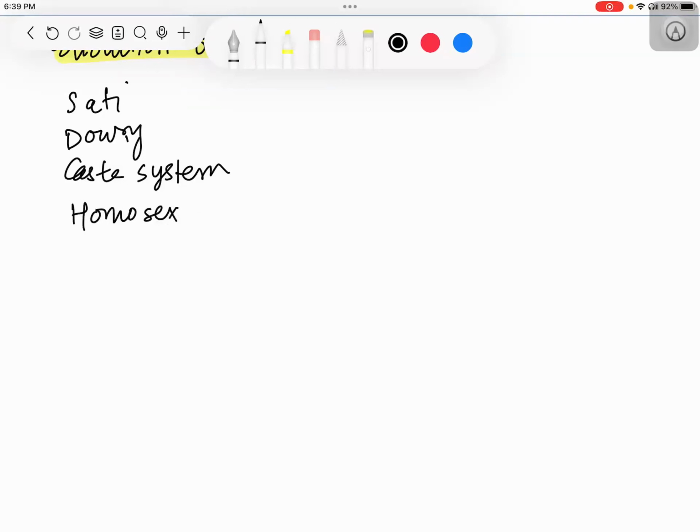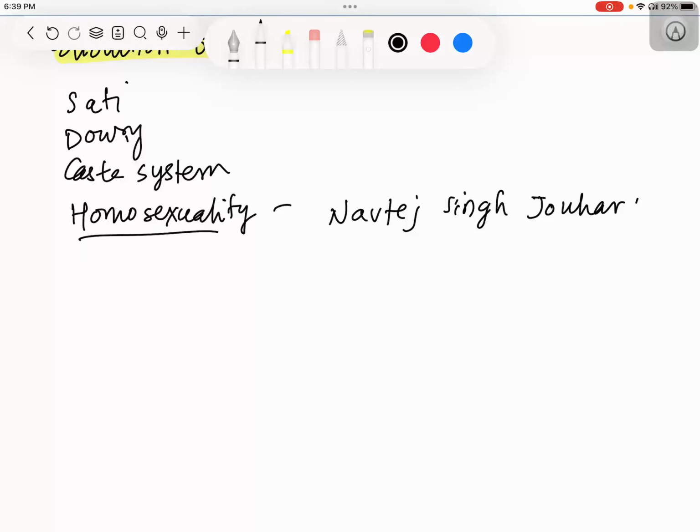homosexuality, for example. You can give the example of the Navtej Singh Johar case, in which the Supreme Court struck down its previous decision and said that no, homosexuality is not illegal. Okay, Section 377 case. So you will say that earlier it was considered in Indian culture at least as both unethical as well as legally treated as illegal, correct?